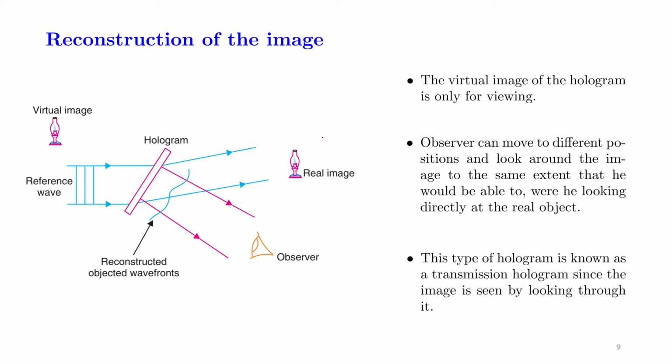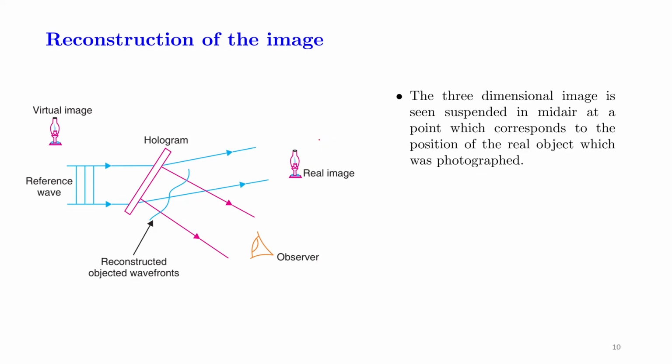And this type of hologram is known as a transmission hologram since the image is seen by looking through it. The three-dimensional image is seen suspended in mid-air at a point which corresponds to the position of the real object which was photographed.